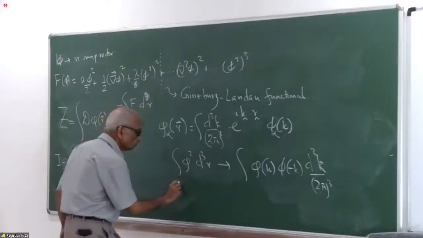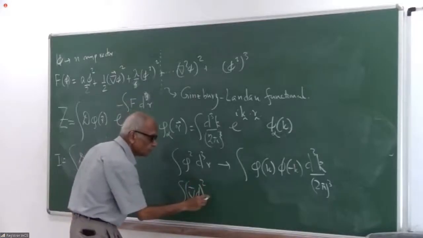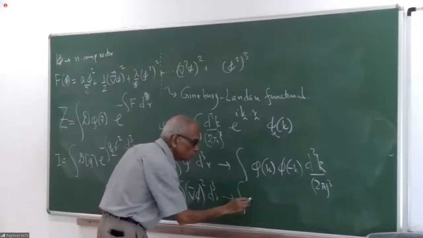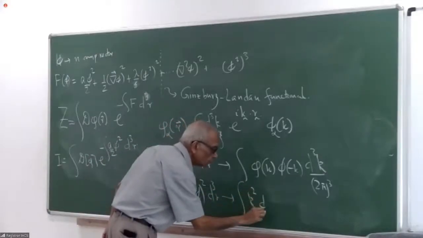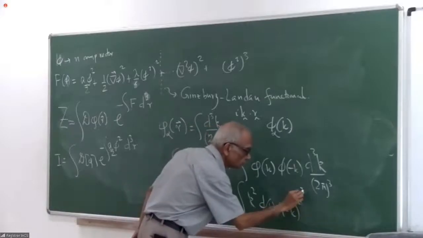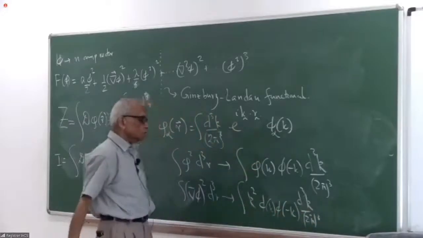So if this was (∇φ)² d³r, then it would simply go to k² φ(k)φ(-k) d³k over (2π)³.